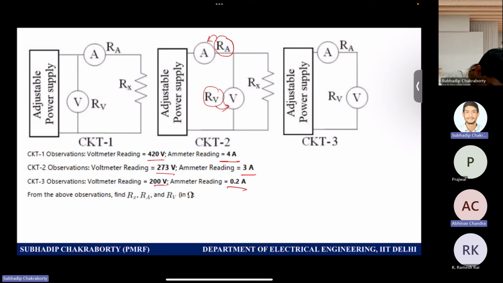So what you are telling is that we can use these two nodes and equate the voltage across these two nodes for the two different given scenarios because they are connected in parallel.